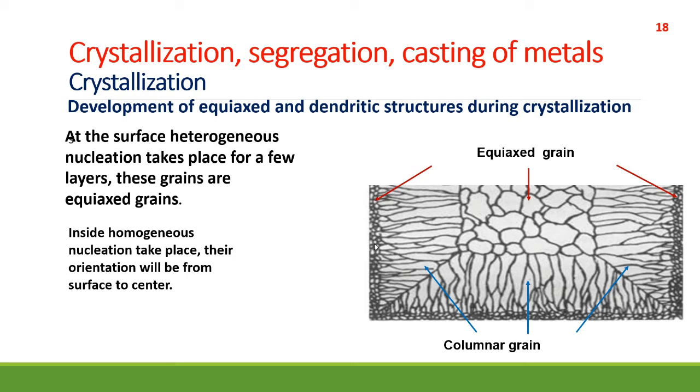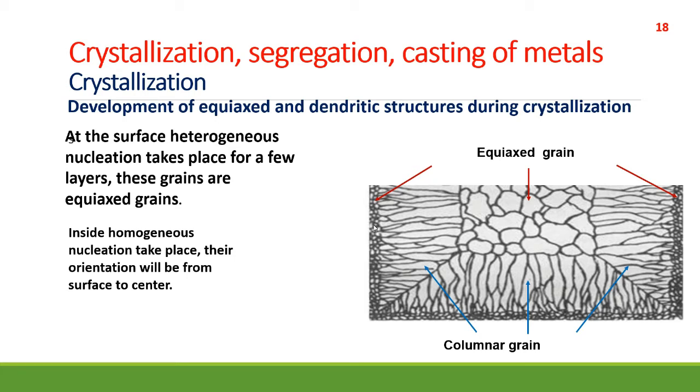So when you pour liquid metal in a mold to give it a 3D impression or shape, this process is the casting of metal. So I explained up to here that we got some equiaxed grains at this position.